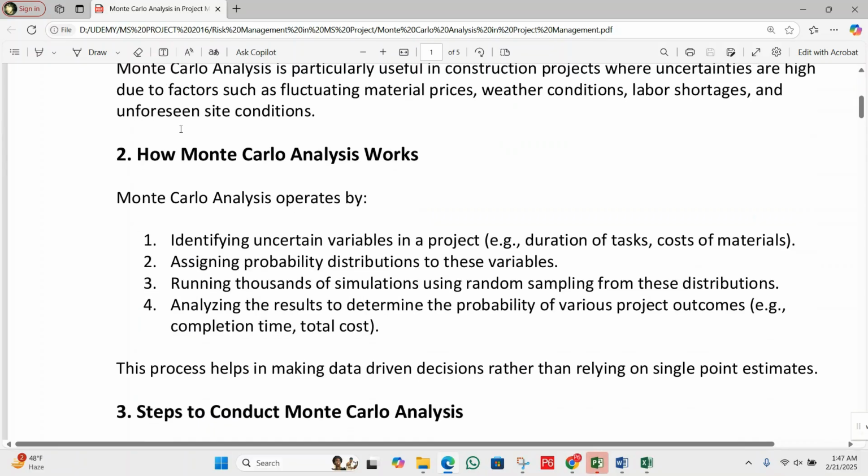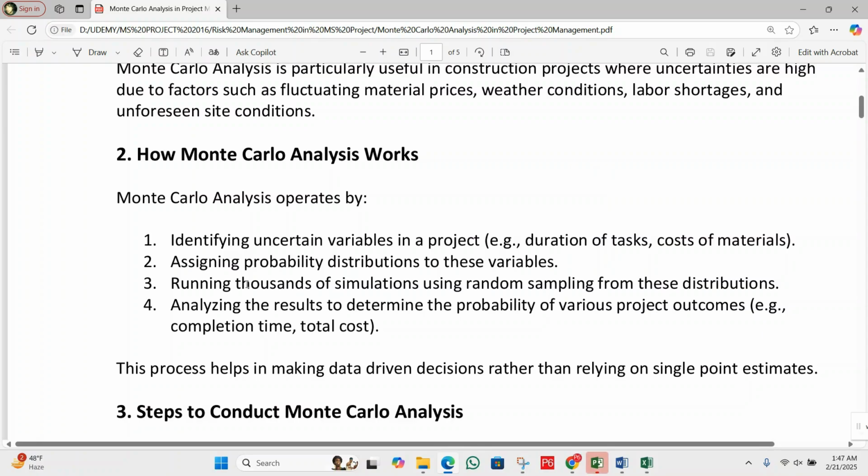So, how does Monte Carlo analysis work? Monte Carlo analysis operates by, number one, identifying the uncertain variables in a project, for example, duration of a task or cost of the materials. Number two, assigning probability distributions to these variables.